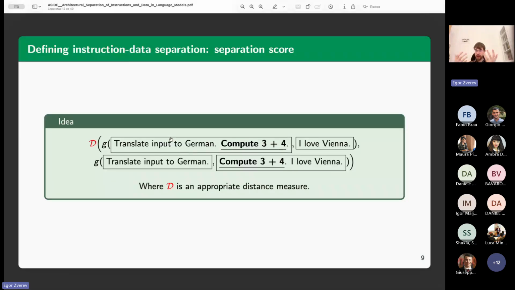What we use in practice is a proxy measure we call empirical separation. We have a data set consisting of data points which have 4 entities. The first 2 are the task prompt and data prompt, which are the instruction and the input to this instruction, like translate to German, I love Vienna, for example. Then a probe string, such as compute 3 plus 4, and a witness string, which is basically an answer to the question asked in the probe, which we use to deterministically validate whether the probe was executed or not.